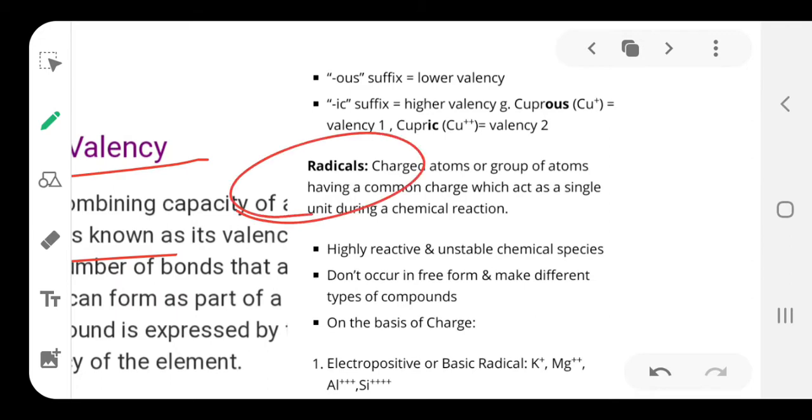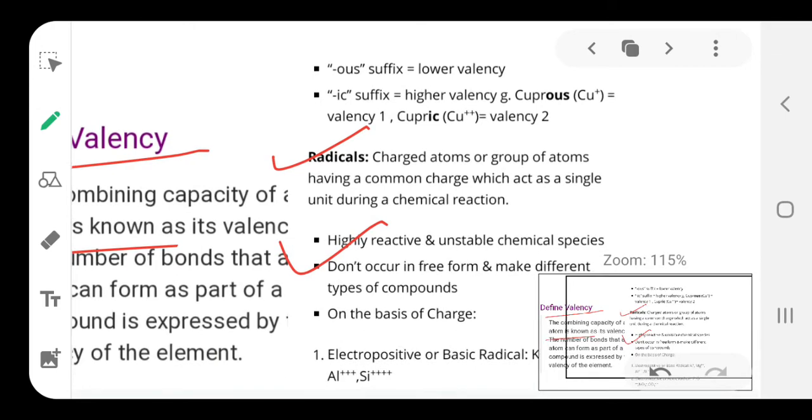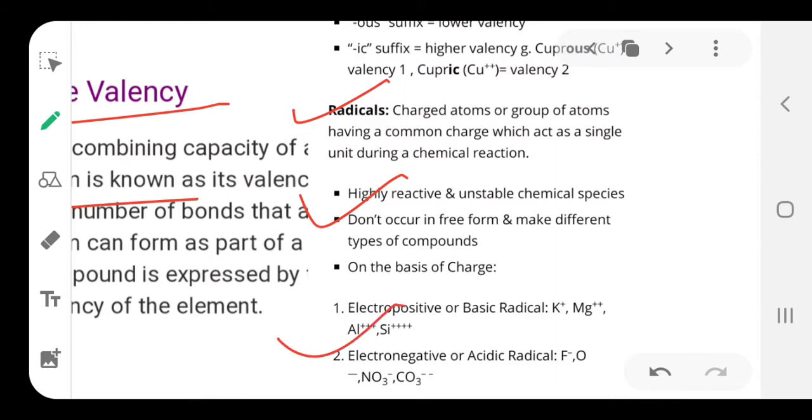To underline the definition, what are radicals? These are the charged atoms or group of atoms having a common charge which act as a single unit in chemical reaction. So basically for you, radicals are just the charged atoms or group of atoms. They can be positively charged also or negatively charged also.